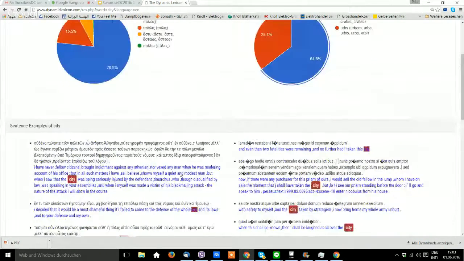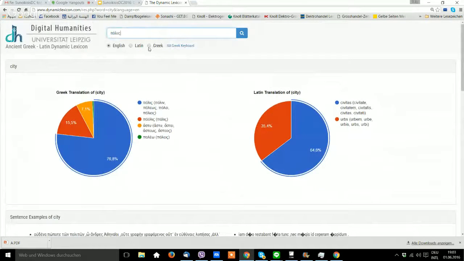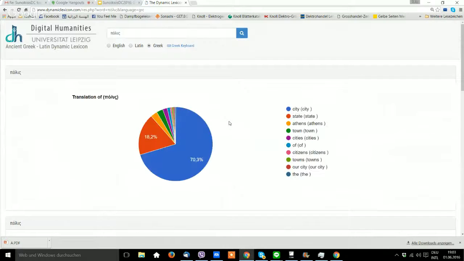In this case, if I take polis here and select Greek, I get that polis is aligned to city 70%, to state 18%, to Athens, to town.